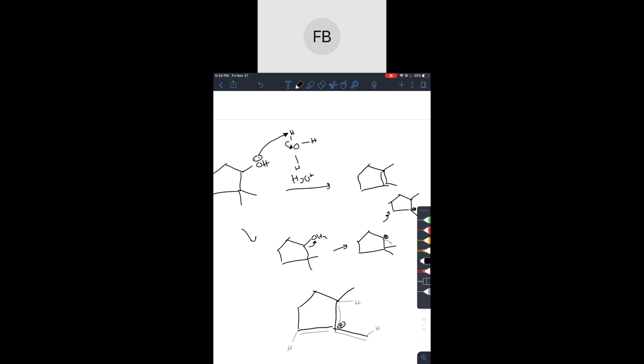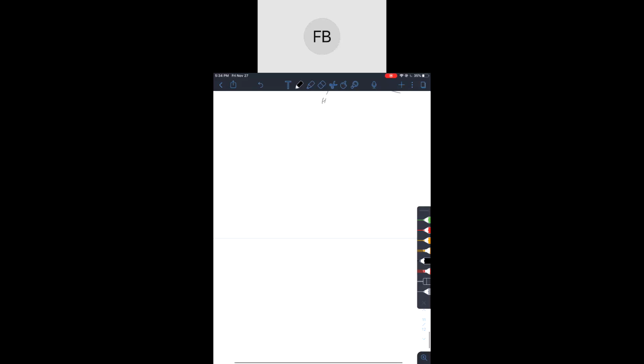Okay, some other random stuff. Which of the following statements is false? That's interesting. Okay, I wouldn't have expected that one. So let's examine this. So racemic mixtures are optically inactive.